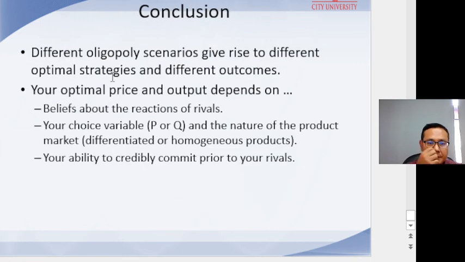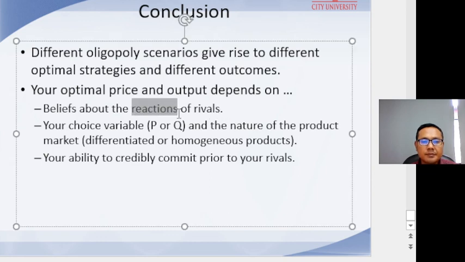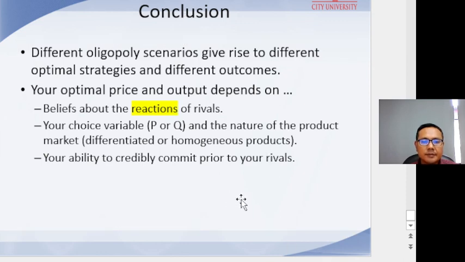So in conclusion, different oligopoly scenarios give rise to different optimal strategies and different outcomes. Your optimal price and output depend on your beliefs about the reaction of rivals. As you can see from this chapter, one of the things frequently and repeatedly mentioned is the reaction function.